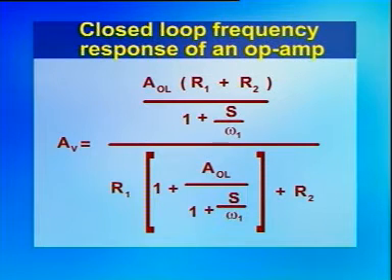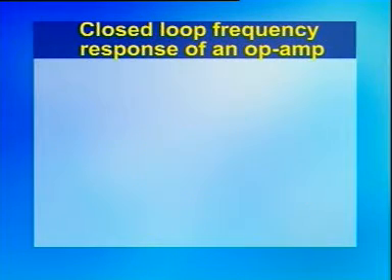Substituting A equal to AOL by 1 plus S by omega 1 in the above equation, we get AV equal to AOL into (R1 plus R2) by (1 plus S by omega 1) divided by R1 into (1 plus AOL by (1 plus s by omega 1)) plus R2.